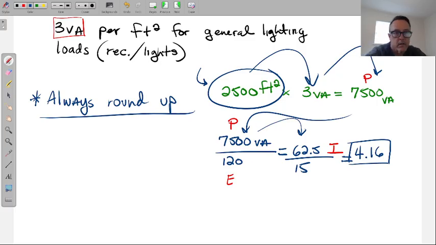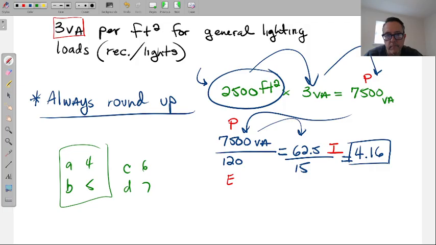You have to remember that for multiple choice, because that's the way the questions are going to get structured. You might see 4.1, and that's closer to 4, but don't treat it like a math problem.